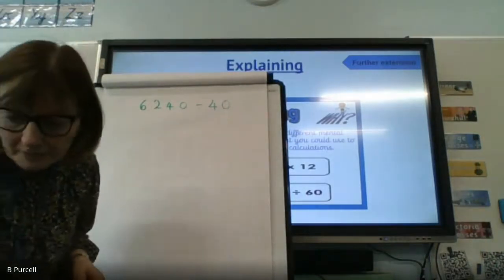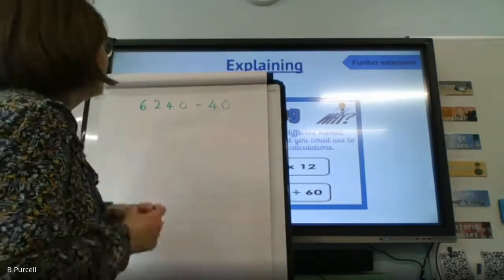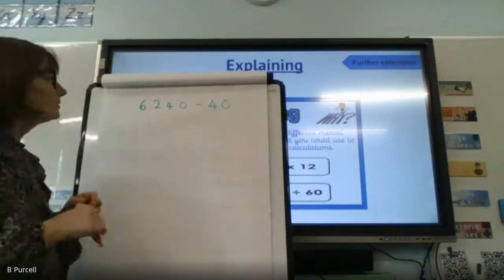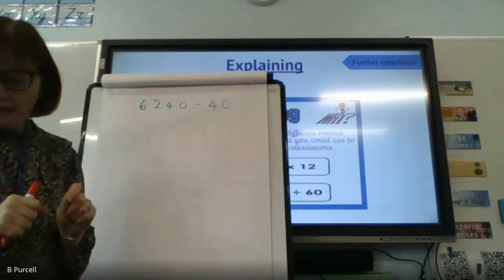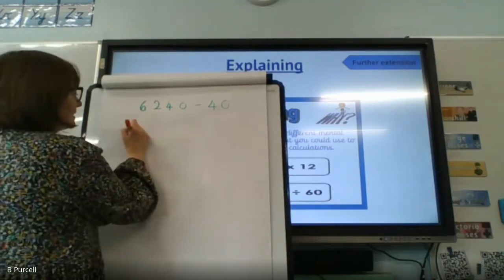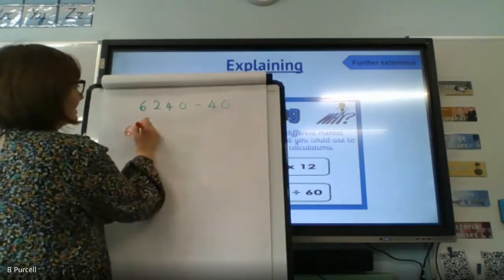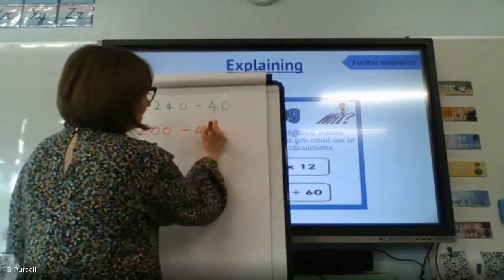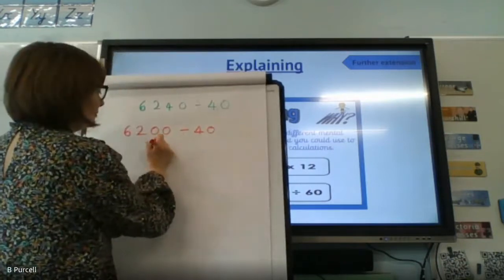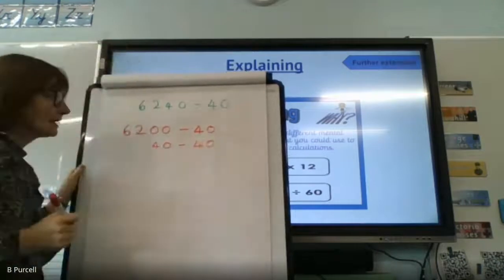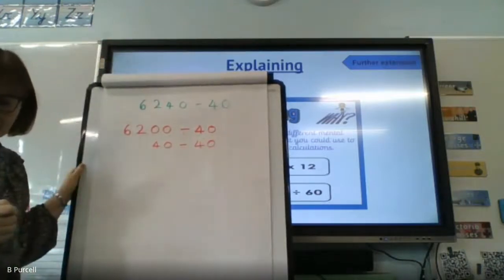Oh, for a moment then I thought I'd put a multiplication sign there. So what I could do is I could say I will divide even 6,200 divided by 40, and then 40 by 40, and then calculate my answer.